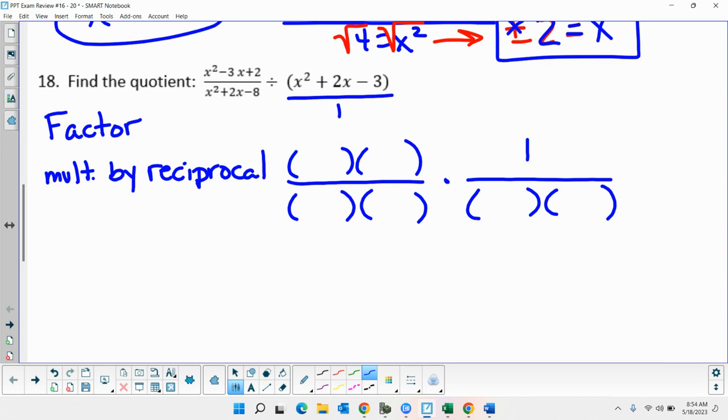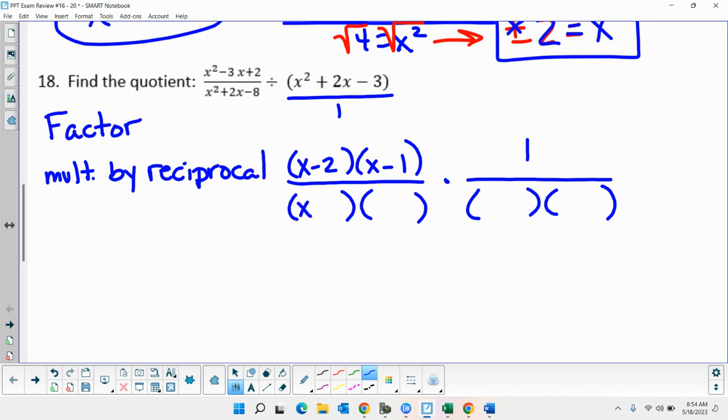That's what it's going to look like when you factor it, right? So what are the factors of positive 2 that add up to negative 3? Negative 2 and negative 1. Thank you. What are the factors of negative 8 that add up to positive 2?